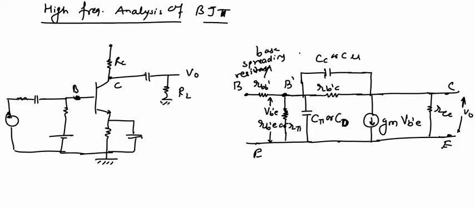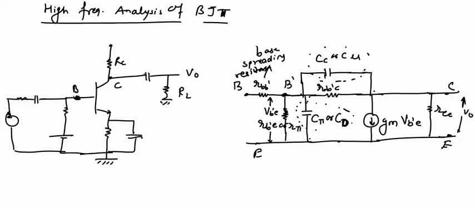Now in this model we have considered two capacitances, C pi or CD and CC or C mu. This CC or C mu is the capacitance between base and collector, and C pi is the capacitance between base and emitter. So both these capacitances we have taken into consideration.